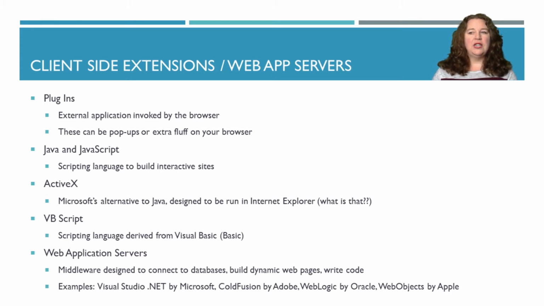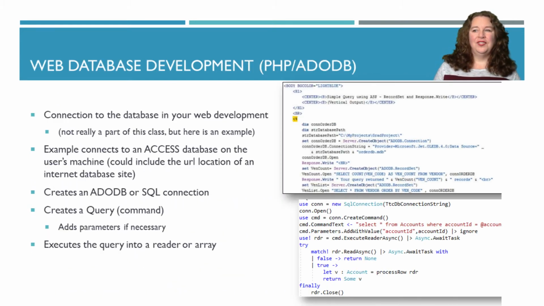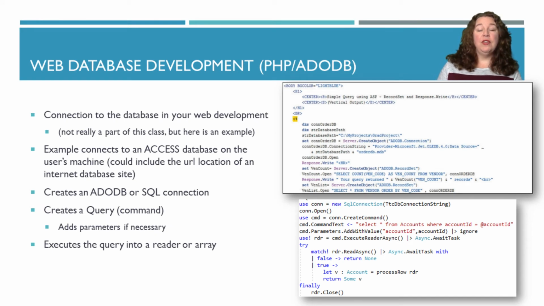So in Visual Studio.NET, which is Microsoft's, Cold Fusion has one, WebLogic on Oracle, and then WebObjects on Apple. All four of them have this option of being able to view your server, your database server, your web application software. So that's kind of convenient. Okay, so I did promise you that you would be able to see connections to databases from actual code.